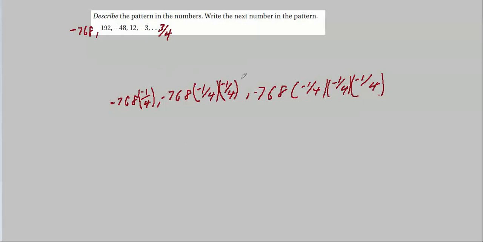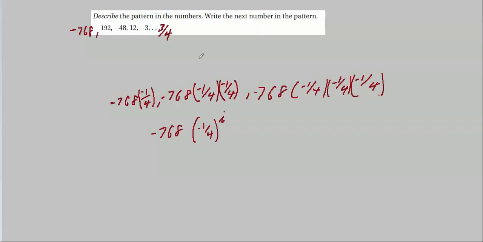Well, you see something going on here? We can rewrite this. It's 768 times, well, this is going to be a sequence of minus 1/4 to some power, depending on which term we want.